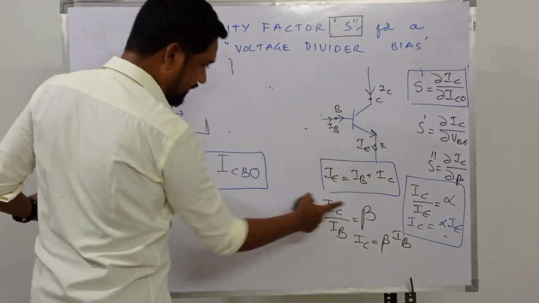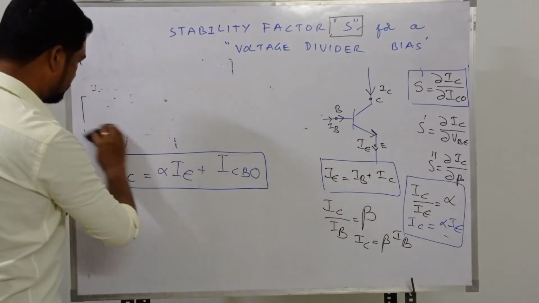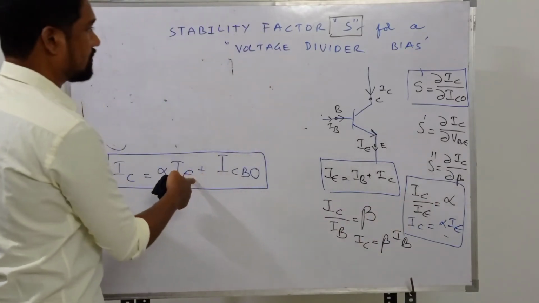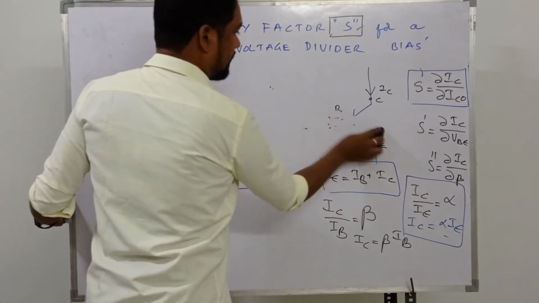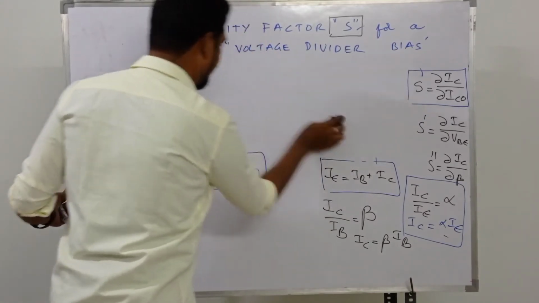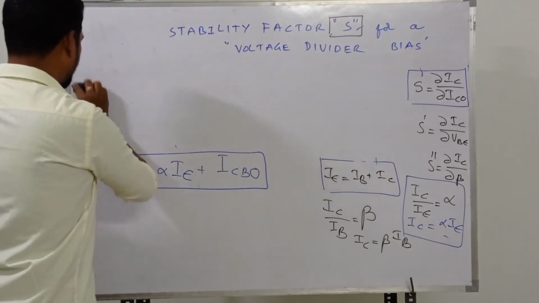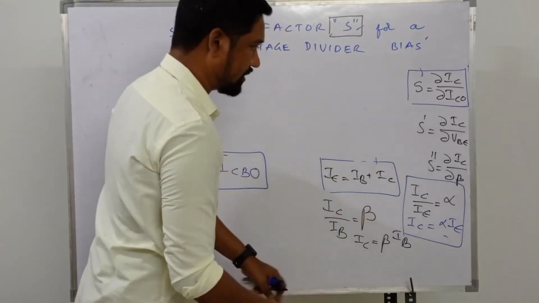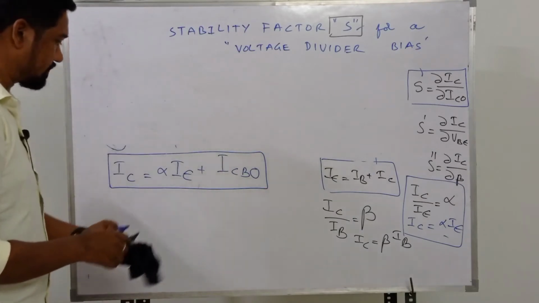Because we could establish this relationship. I need alpha and beta to go for this. We are in search of the stability factor S. So these factors are enough for me to derive the expression for the stability factor S, right?